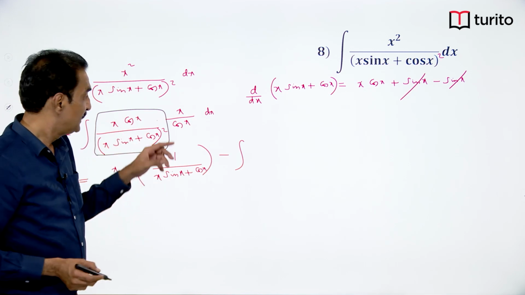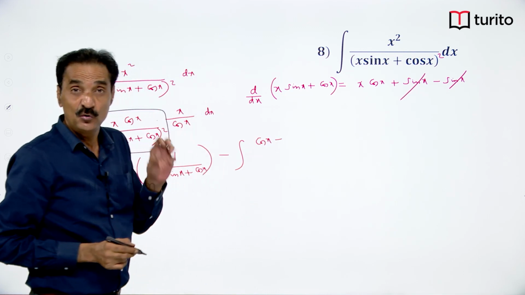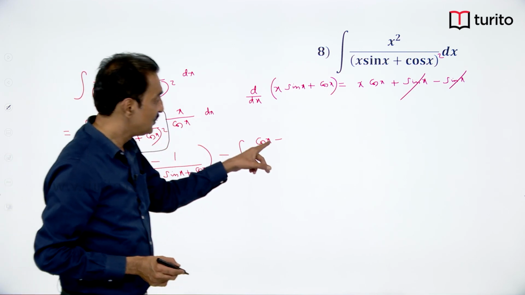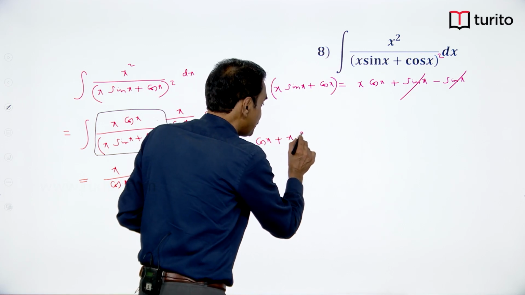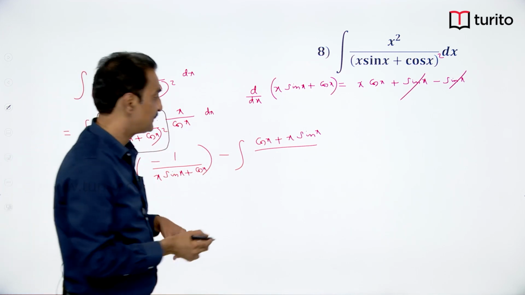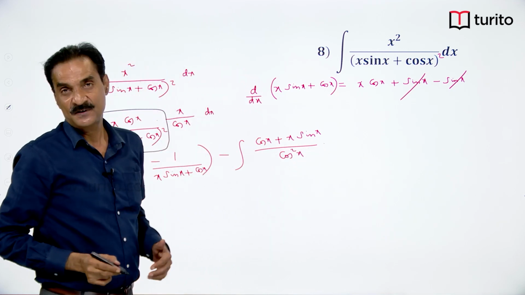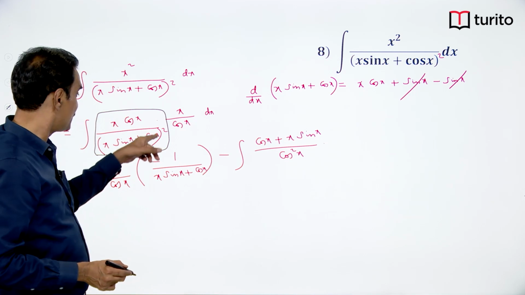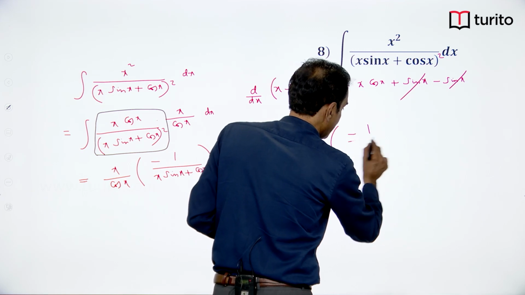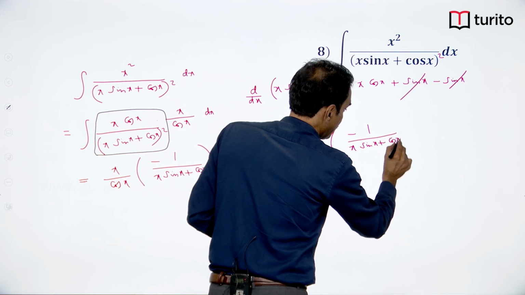U by v rule, u dash v, that is cos x minus u v dash, minus x into derivative of cos x is minus sin x. So this becomes plus x sin x by v square. V square means cos square x. Derivative of the first function is this into integral of the second function. It is minus 1 by x sin x plus cos x dx.